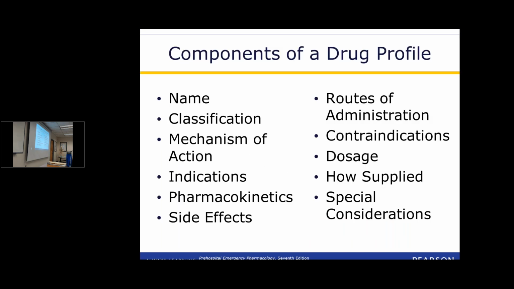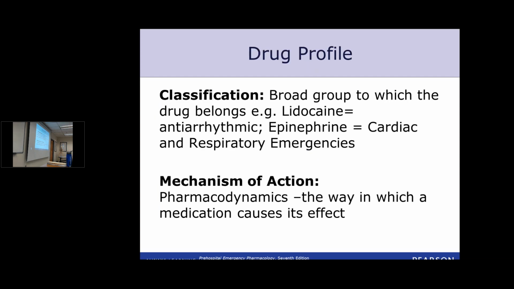All right, so components of a drug profile. All of these play a part in terms of each drug as to how it's profiled out there. Okay, so there's all kinds of different categories to it. Let's talk a little bit about each section. So we talked about a drug and it has four different names along the way.